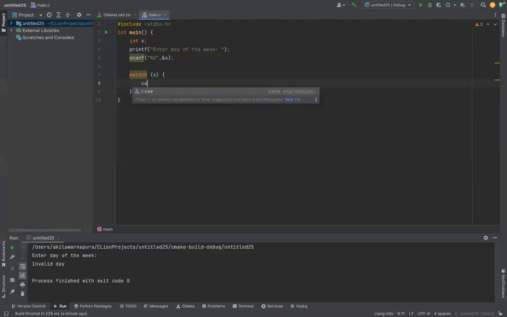Most students try to use equal 1, but remember that you cannot use equal, because switch case always means equal. It is not required to provide this kind of equal.